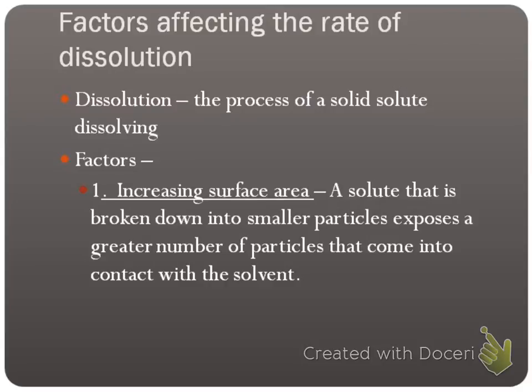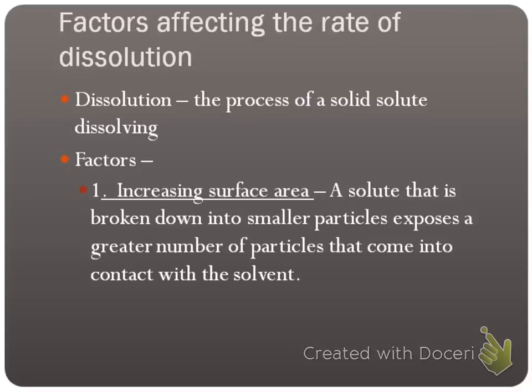Now, sometimes in NISA tests, we'll talk about things that increase how quickly a reaction takes place. Some of these are the same scenario. So if we want a reaction to take place quicker, we'll want to increase the surface area. So we want to make particles smaller. When we make particles smaller, the reaction goes faster.